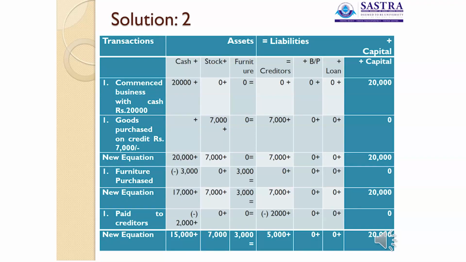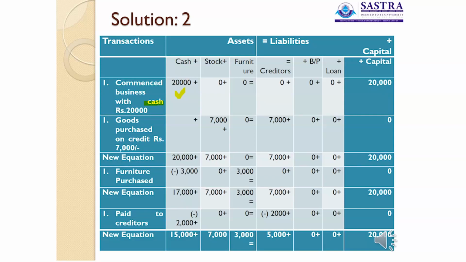So first one is commenced business with cash, rupees 20,000. What are the accounts involved here? One is cash account and another one is capital account. Here cash value increased, so plus 20,000.